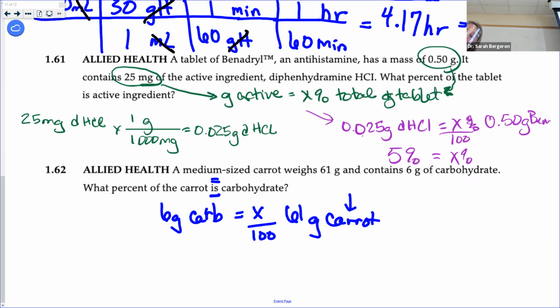So the carrot is the whole and the carb is the part, right? So all you have to do is solve for X. What do you get? What did you get in your calculator? 9.8.